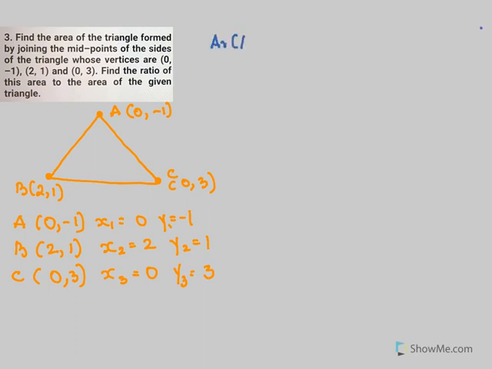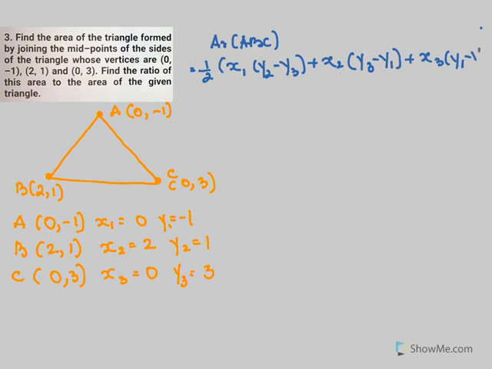Area of ABC is equal to half of x1 times (y2 minus y3) plus x2 times (y3 minus y1) plus x3 times (y1 minus y2).